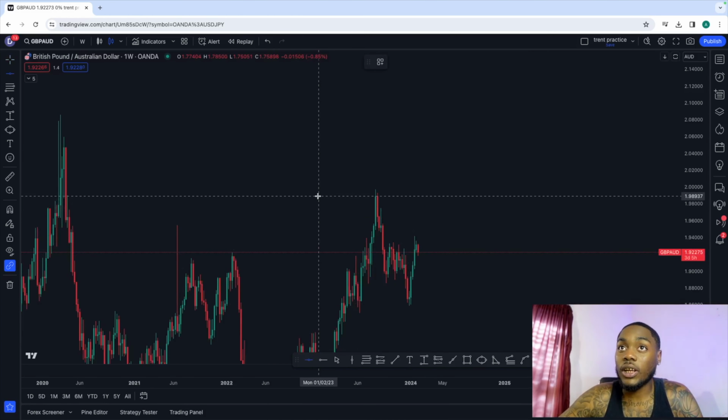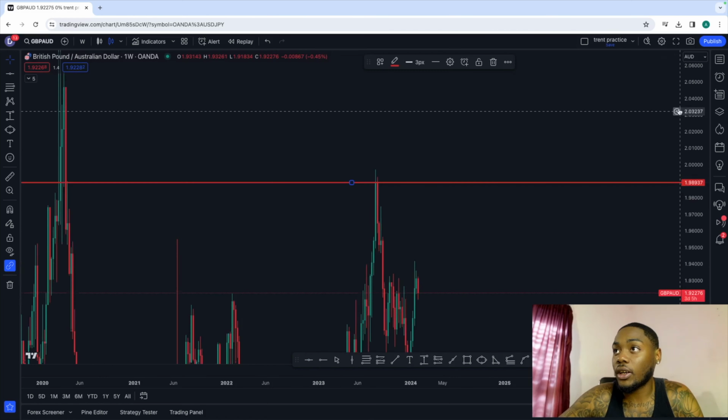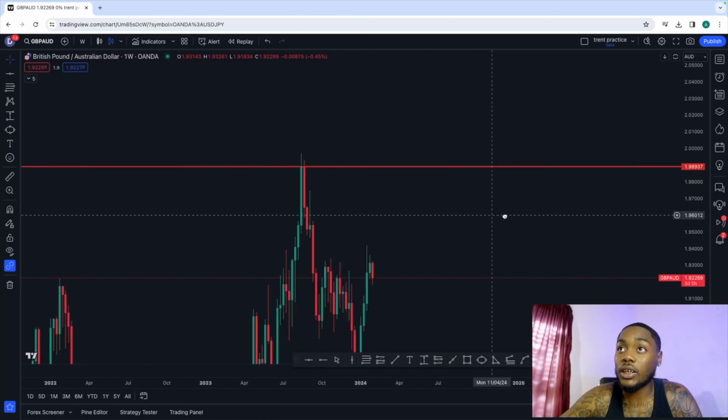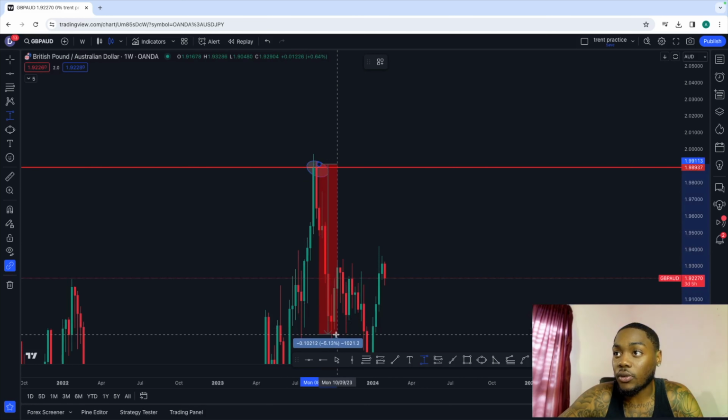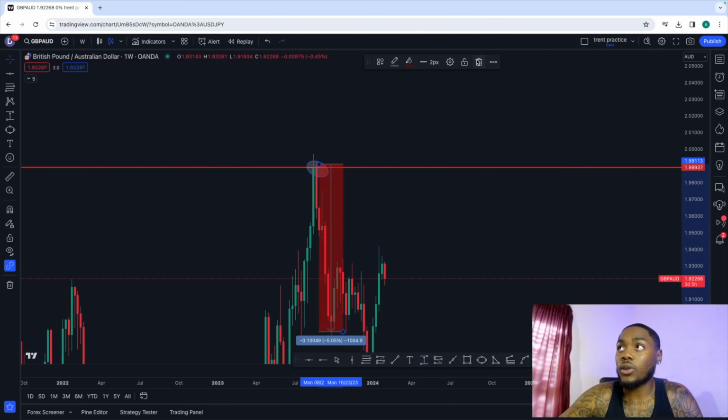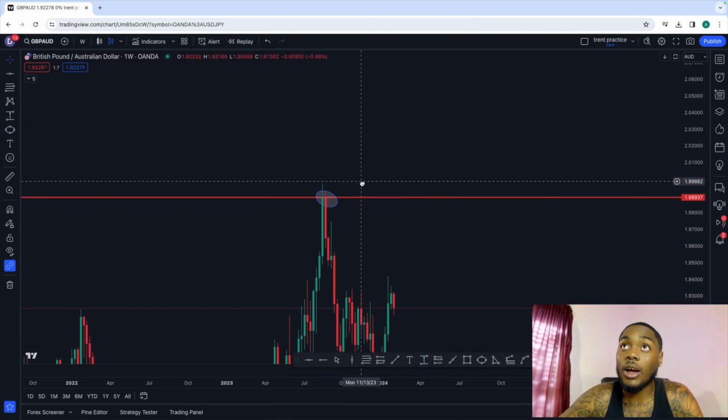So the first thing I notice is we have a level right here. Why is this a level? Because price reversed and shot down right at this level for what looks like over 1,000 pips. So I'm going to mark this up on my weekly time frame.